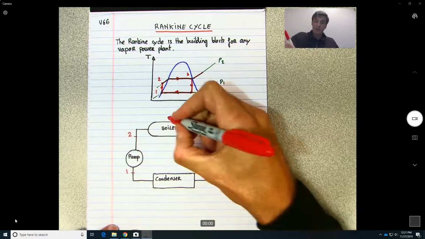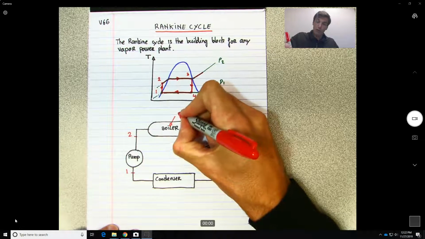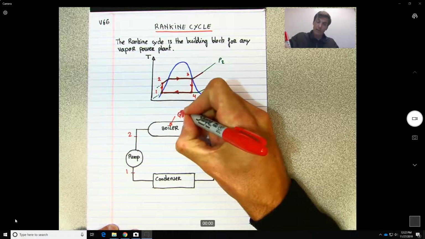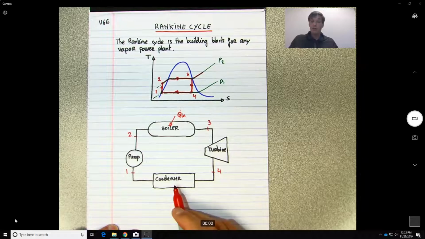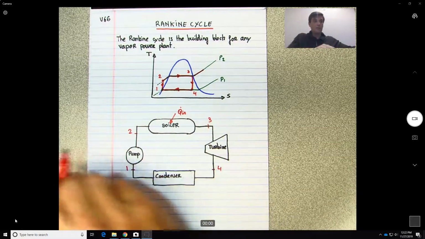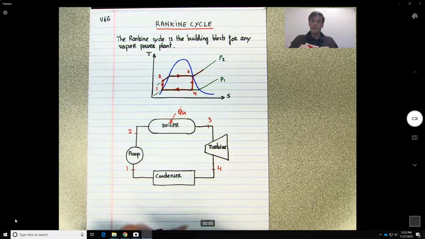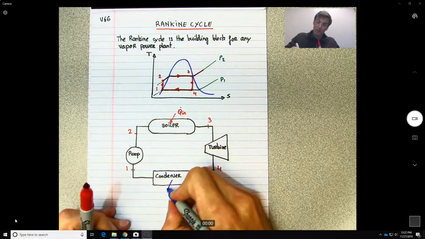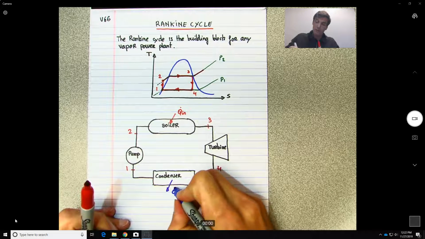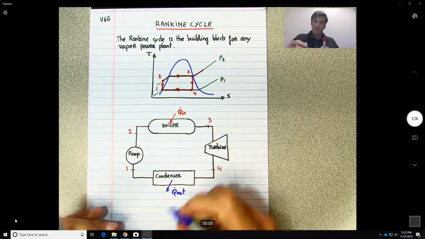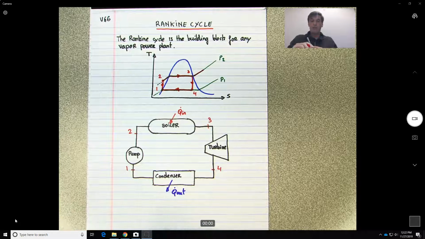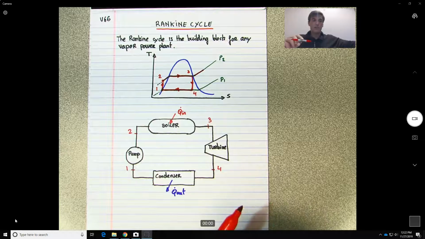So in order for this to work, what do we need? So let's see. On the boiler, to boil the water, you need to put some heat in. Okay? On the condenser, you're going to have some heat that will be coming out. Okay? Now, the role of the turbine is to do what?